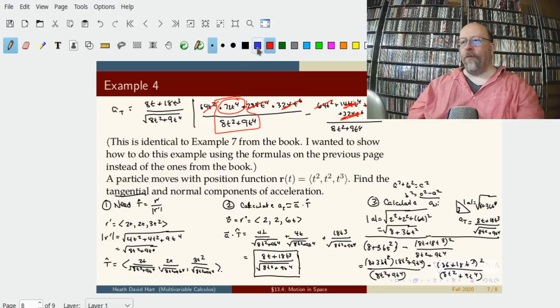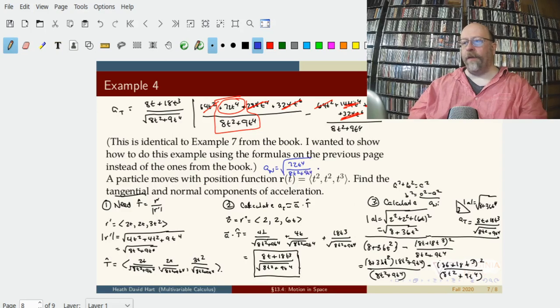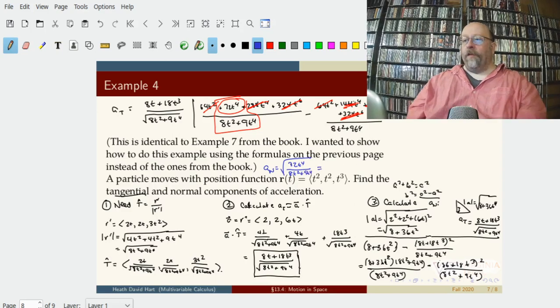And so we're going to finish up. AN is the square root of all of this, 72t to the fourth over 8t squared plus 9t to the fourth. Square root of 72 is 6 root 2.